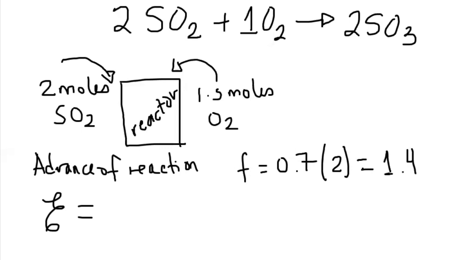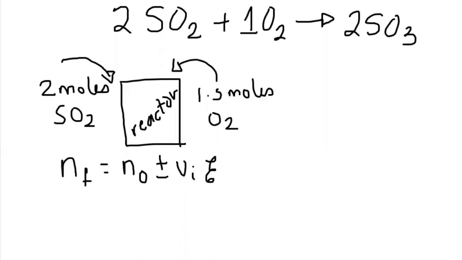So we're going to obtain the extent of the reaction, or the advance of the reaction, which is the same, by dividing these 1.4 moles that reacted over 2, obtaining 0.7. These are the 0.7 moles that are going to be reacting. That is going to be the advance of the reaction. It is obtained by the amount of moles of limiting reactant that reacted over its stoichiometric coefficient.